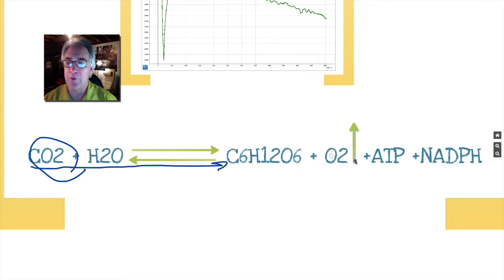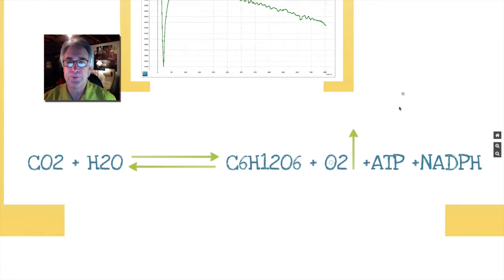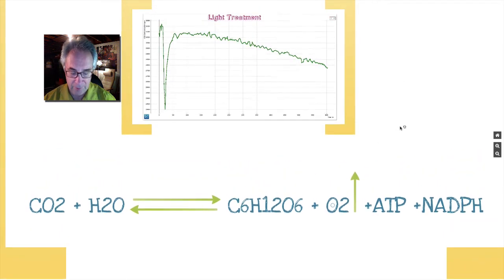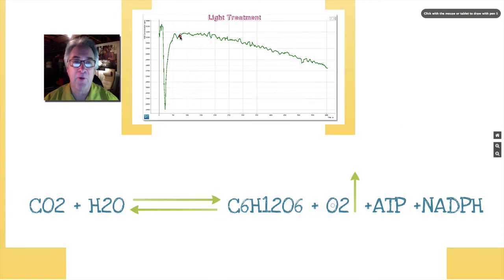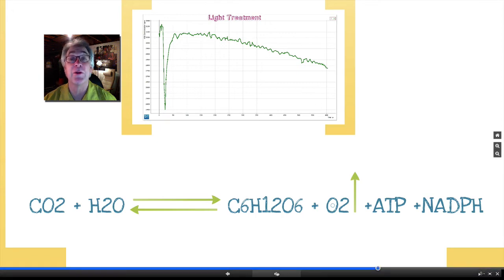And in the meantime, of course, oxygen is given off. So when we look at this right here, it makes perfect sense because CO2 is being used up as it's making sugar. It's going to continue to drop. So that wasn't too much a surprise, and many of you got it without much of a problem.